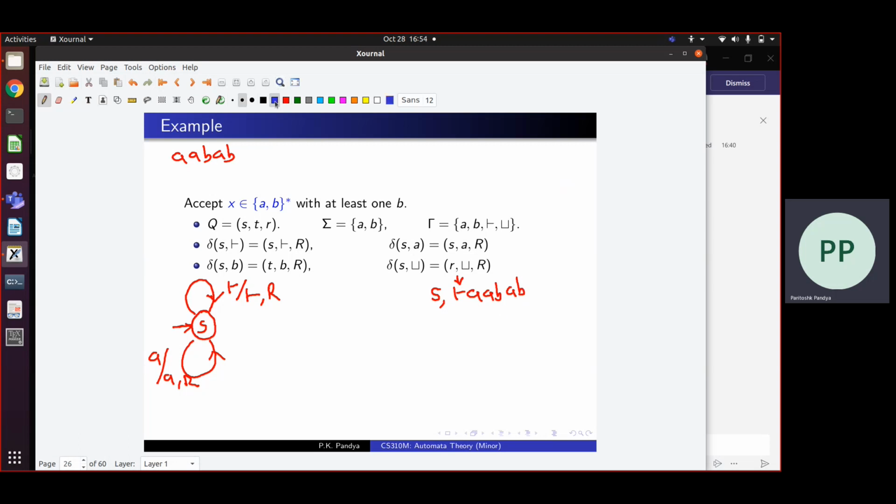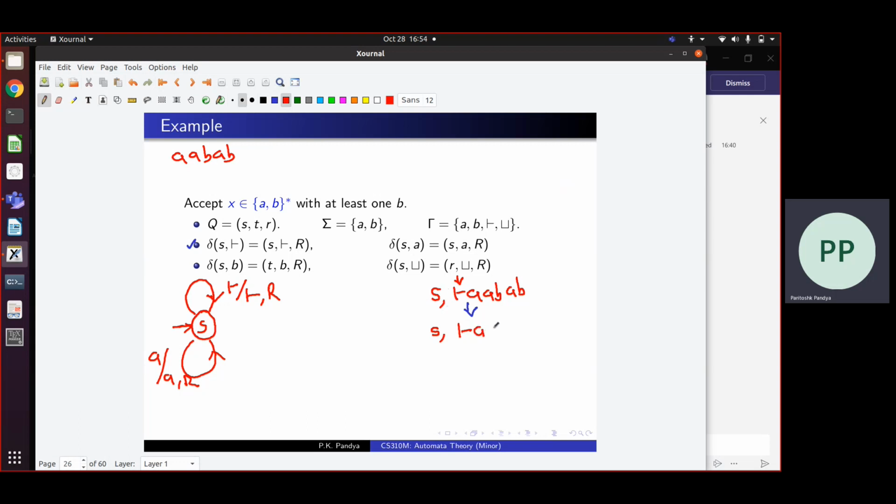And then what happens? Let's see some transitions which are drawn in blue. In one step move, this Turing machine will say that currently I am in state S and the symbol under the head is the left hand marker. So this rule will apply, right? This rule will apply. And so I will remain in state S. Basically, I will take this transition. I will remain in state S and my tape, I will rewrite left hand marker by left hand marker.